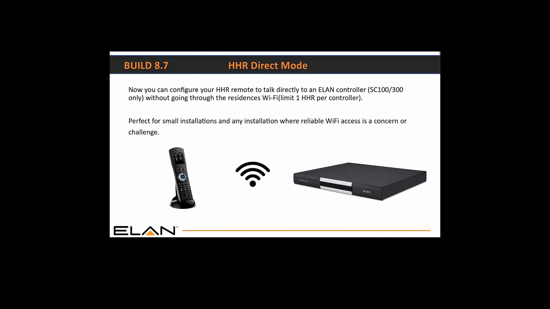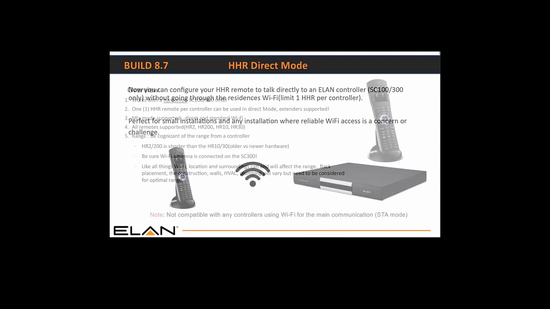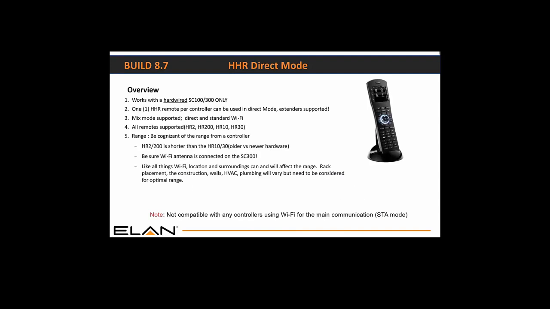Instead of STA mode for communications, we now use it for AP mode, so we can talk directly to a controller. And again, distance is definitely an issue, so you just have to be aware of it. It works with a hardwired SC100 and 300 only. So if you are using the Wi-Fi STA mode of an SC100 or 300, then you can't use the Wi-Fi in AP mode. It must be hardwired.